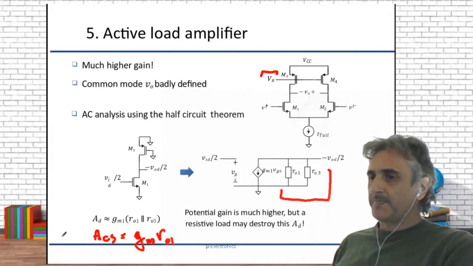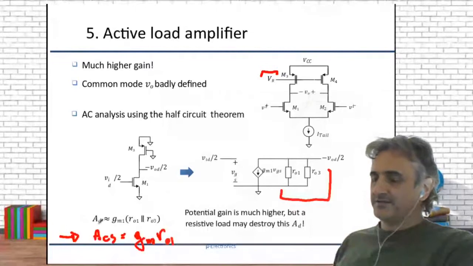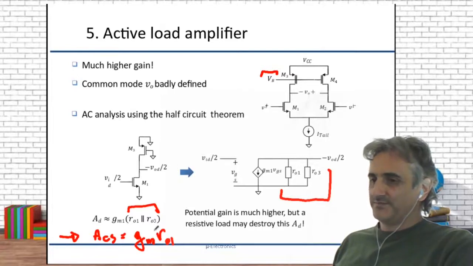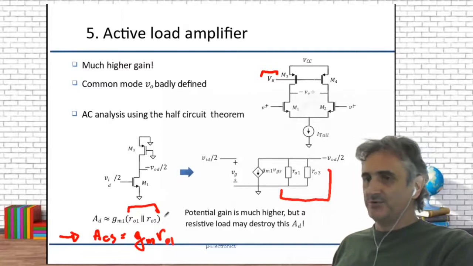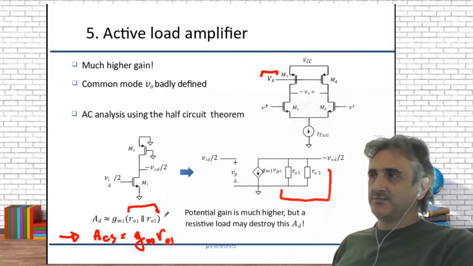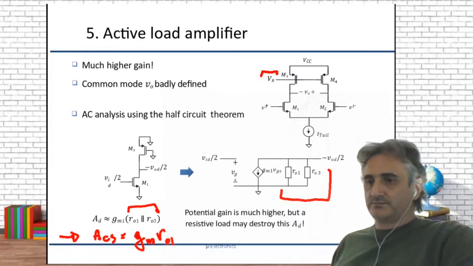So in this case, notice that we are reducing the gain because we are using a parallel of two resistors that can be smaller than this gain. But in any case, we are having an improvement because we have a differential input, which is better than having just a single-ended input.